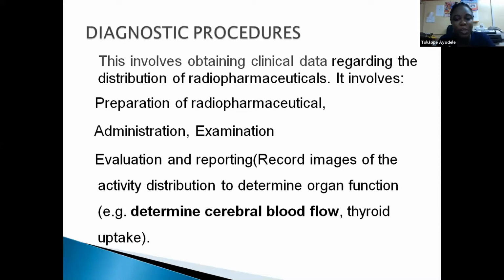And of course, the records of the images of the activity distribution can be seen in the radiation detector.